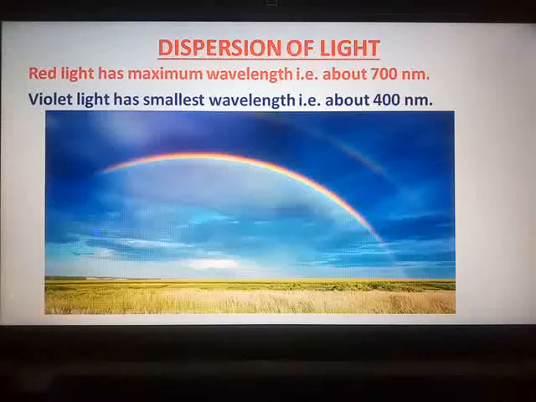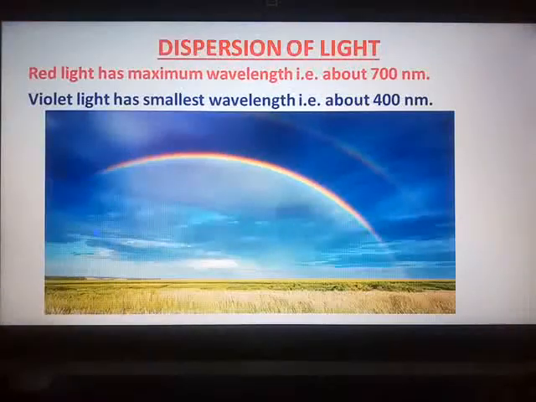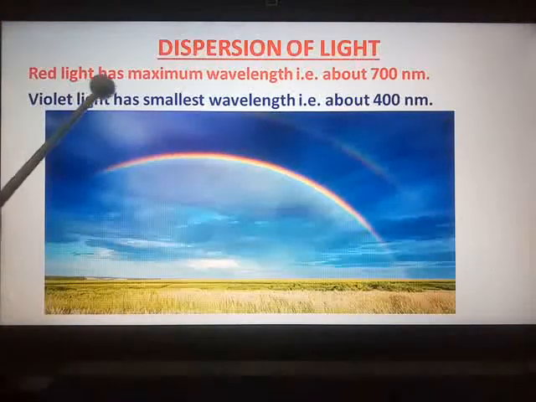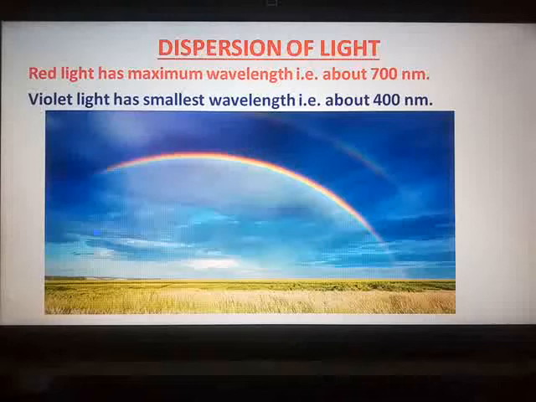If false, you had to correct it. So such small things, but you have to remember it carefully, that red light has the maximum wavelength, 700 nanometers. Violet light has the smallest wavelength, about 400 nanometers. At the same time, you have to remember one more conversion. 1 nanometer is equal to 10 raised to minus 9 meter.